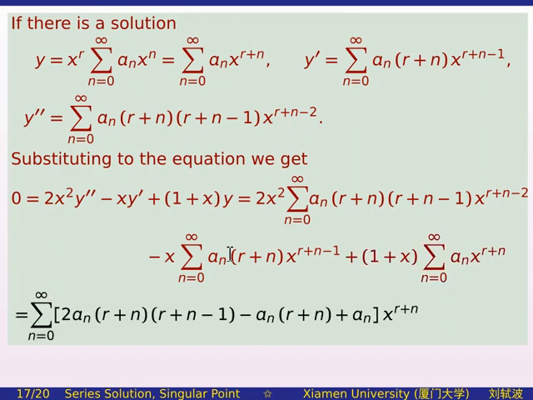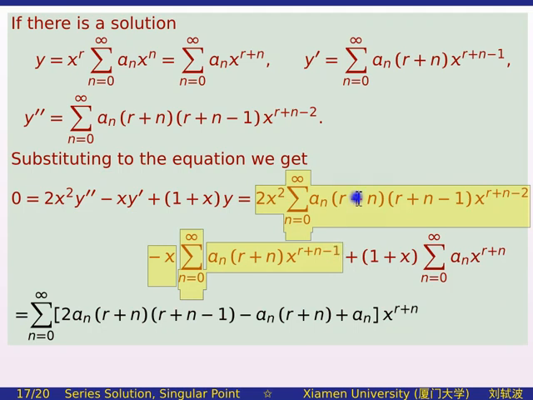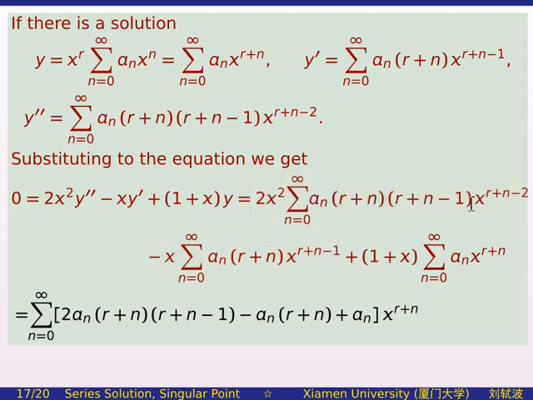This seems very complicated. Firstly, we combine the first two summations. In the first summation, the power of x is r plus n minus 2, but there is an x squared in front of the summation, so x squared raises the order of x to r plus n. Similarly, for the second summation, the power of x is r plus n minus 1, but there is an x in front, which also raises it to r plus n.